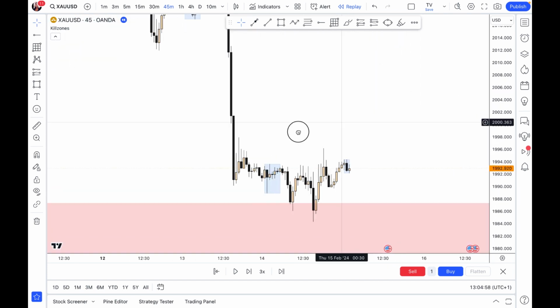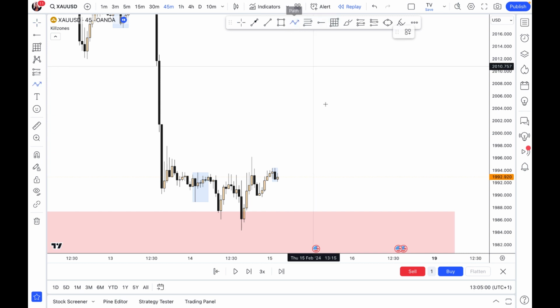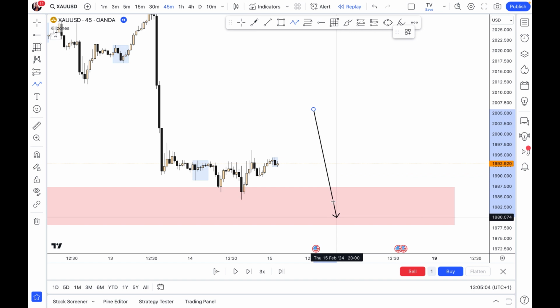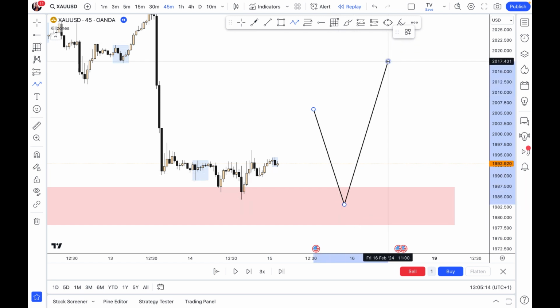Start marking out your structure in a way that, if you want to buy, like I always say, once market taps into your demand level, before market pushes back up, there will be mini structures on the lower time frame that pushed into this zone, just like this: high, low, high, low, high, low, till we get to the last low that tapped into the zone.